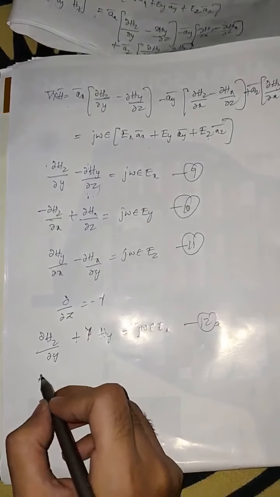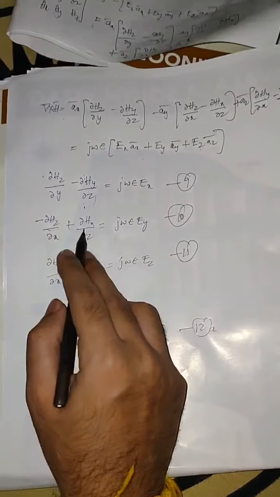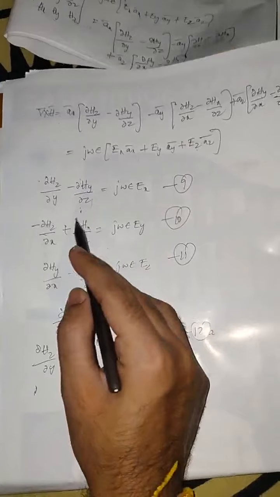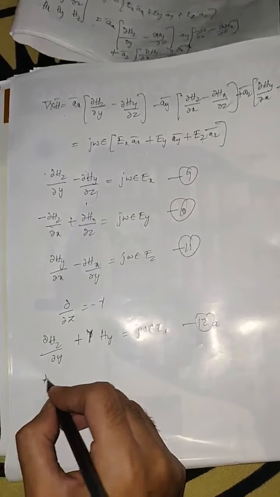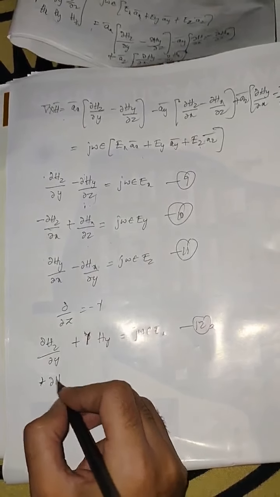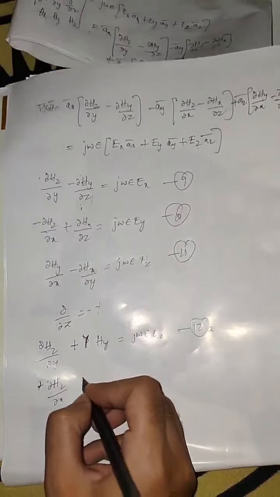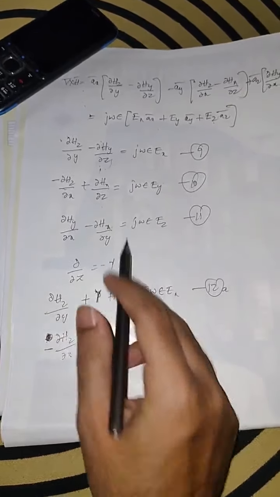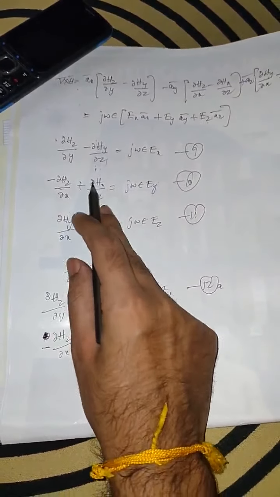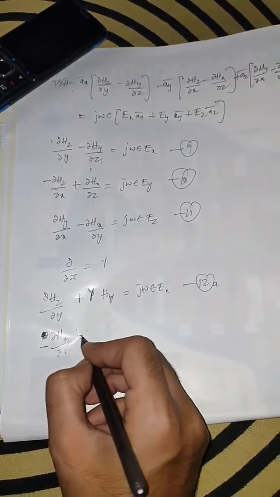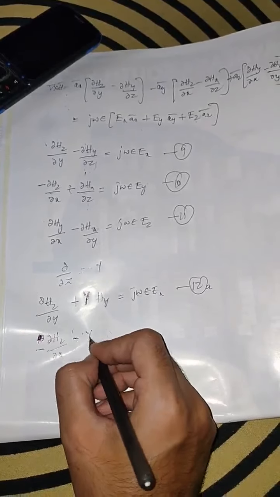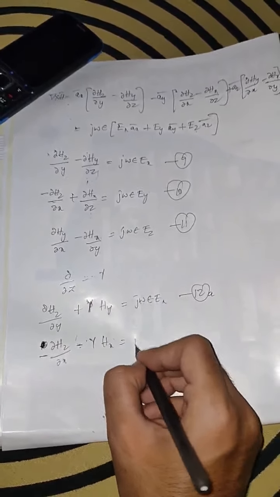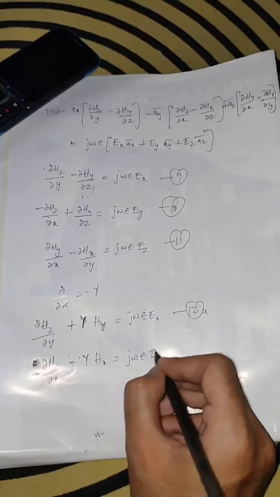Now you can see from the Hx equation, ∂/∂z can be written, so ∂Hz/∂x, and here you can substitute the value of gamma as minus gamma, so minus gamma Hx is equal to jωε Ey.